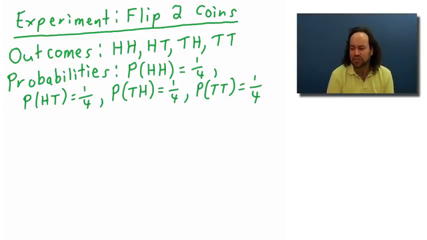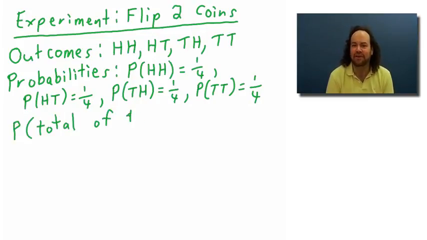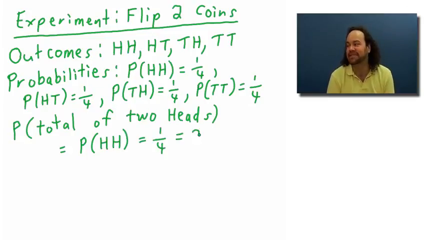Well, we can also start discussing various combined events. For example, to keep it simple, what's the probability that in this experiment I end up with a total of 2 heads? Well, that's easy. The only way I could have gotten that is if the outcome was heads heads. So the probability is the same as the outcome of heads heads, which we know is 1/4.